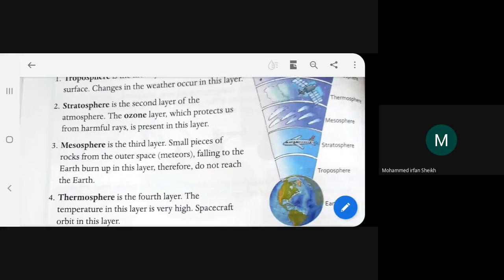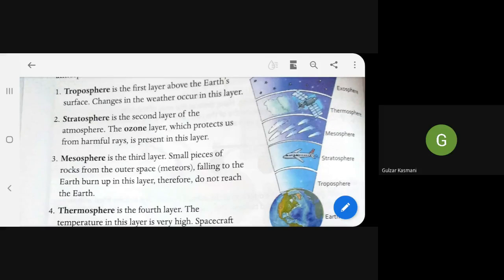There are five main layers. What are the names of those five main layers? Troposphere, stratosphere, mesosphere, thermosphere, and exosphere. Okay, there are five main layers of the atmosphere.